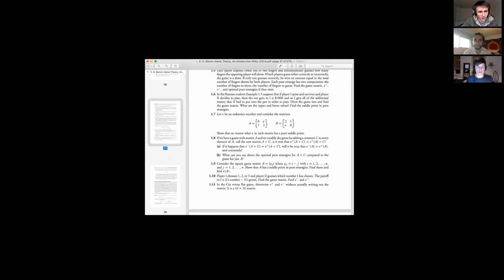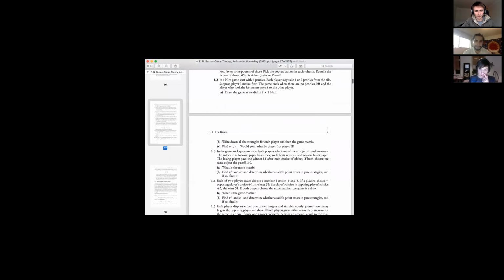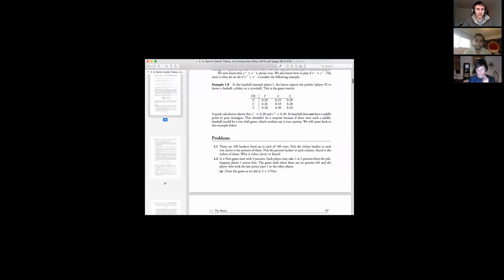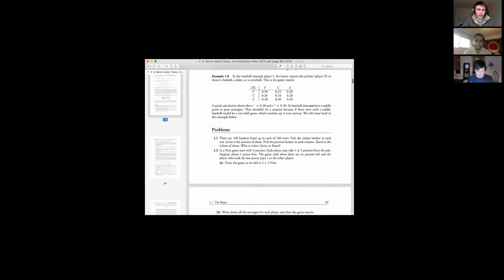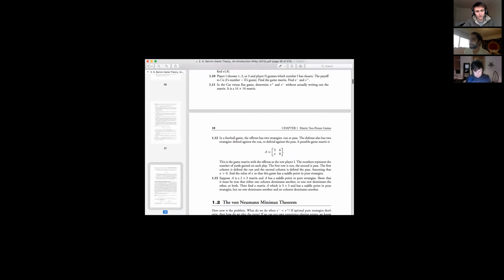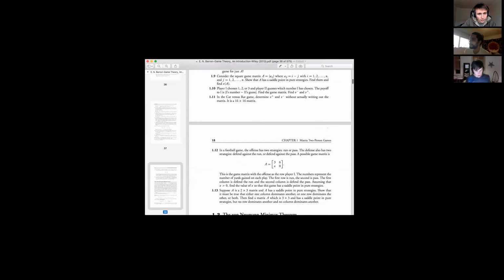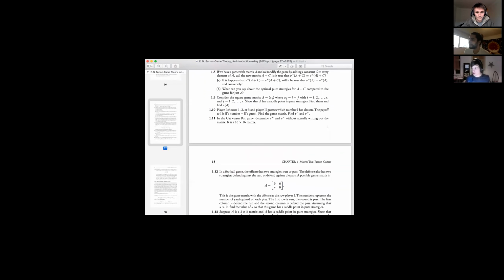So we just went over, I guess, do we have any other problems for section 1, or problems 1 through, I think 12, 13? 1.9 is a bit interesting.